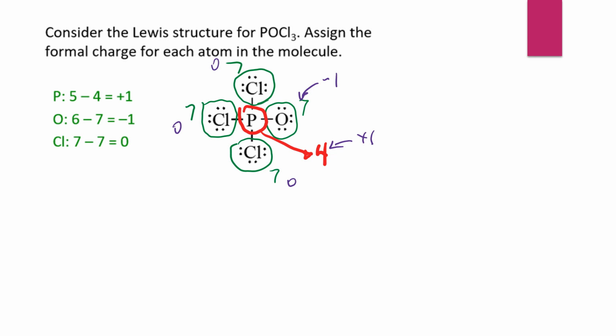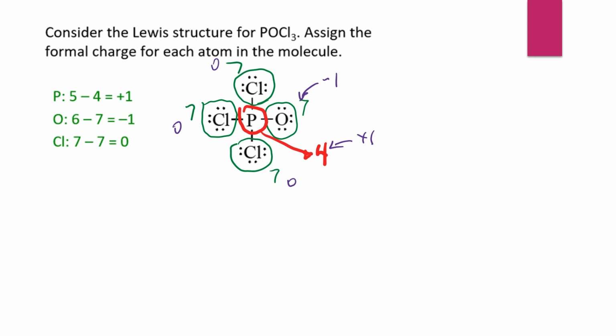This oxygen has 1, 2, 3, 4, 5, 6, 7. That's not its normal amount. That oxygen has an extra electron. So the oxygen's formal charge is -1 in this formula. What does phosphorus usually have on the periodic table? How many valence electrons does it usually have? Usually 5.